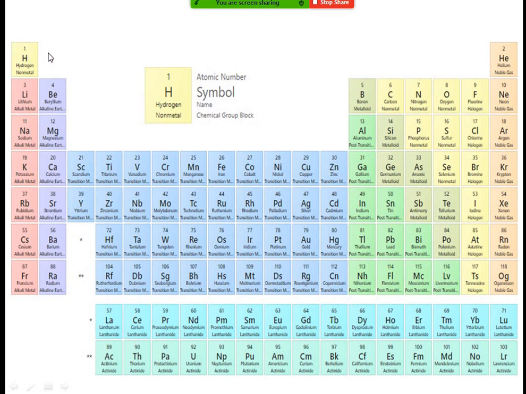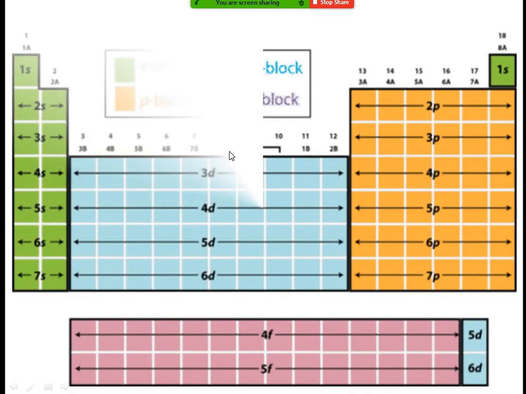The extreme left hand side of this periodic table is called the S block elements, and the extreme right hand side is the P block elements. You can see the S and P block elements separately.